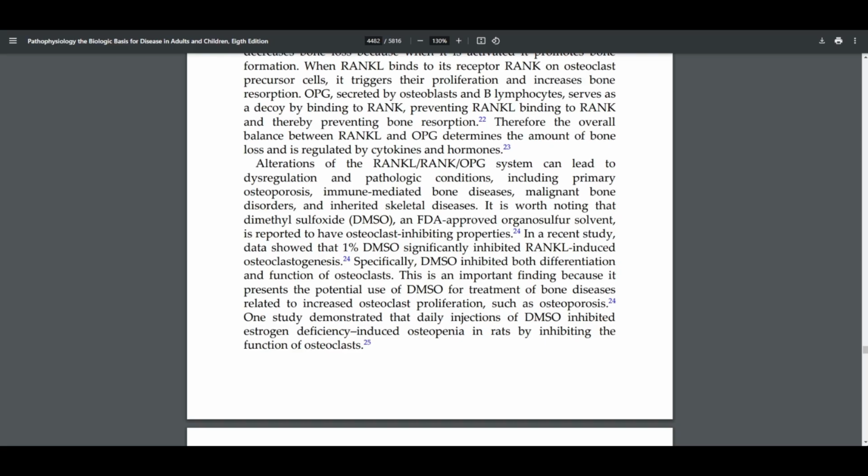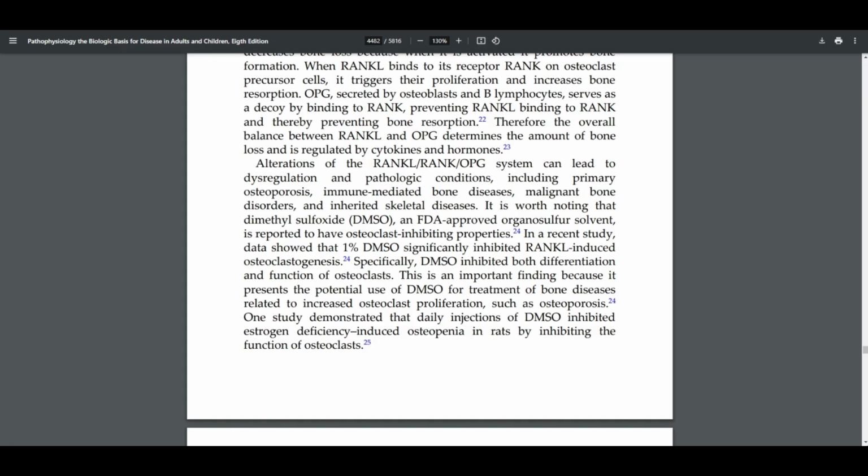It is worth noting that dimethyl sulfoxide, an FDA-approved organosulfur solvent, is reported to have osteoclast inhibiting properties. In a recent study, data shows that 1% dimethyl sulfoxide significantly inhibited RANKL-induced osteoclastogenesis. Specifically, DMSO inhibited both differentiation and function of osteoclasts.